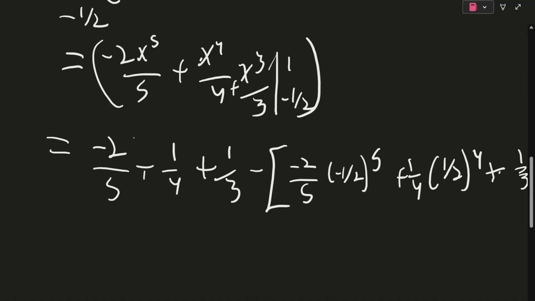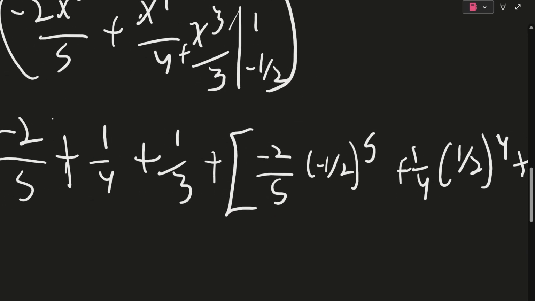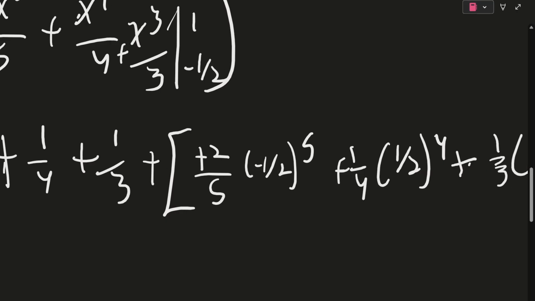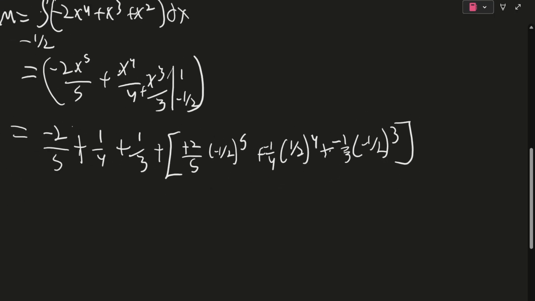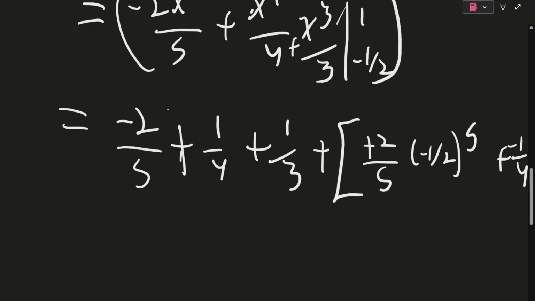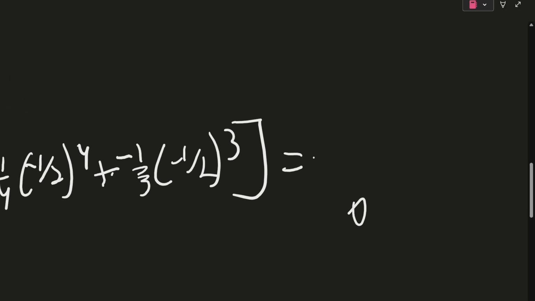We can plug this expression directly into our calculators. To make it a little easier to plug in, we'll distribute our negative out, so this turns into a plus, this turns into a minus, this turns into a minus. Now we can plug this expression directly into our calculator, and we get 63 over 320.